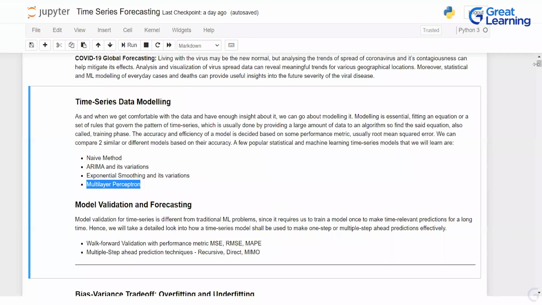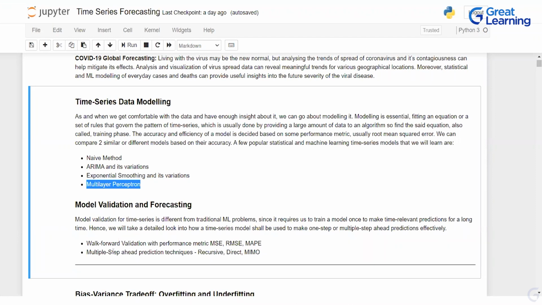Now, for model validation, you need a train and test split, right? The train and test split is random when you work on classification and regression. But when you are doing time series, it needs to be sequenced. A sequence should not be broken. Apart from that, when you are doing validation, we can do walk forward validation.